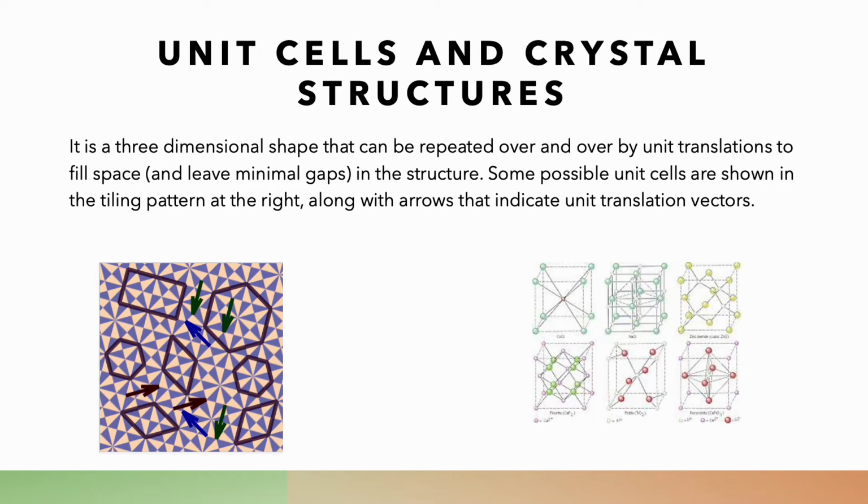As we already know, the fundamental repeating unit of the crystal is called the unit cell, and it is a three-dimensional shape that can be repeated over and over by unit translations to fill space and leave minimal gaps in the structure. Some possible unit cells are shown in the tile pattern at the right, along with arrows that indicate unit translation vectors.